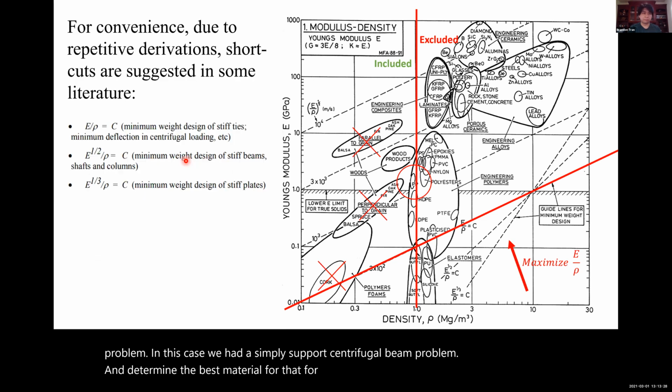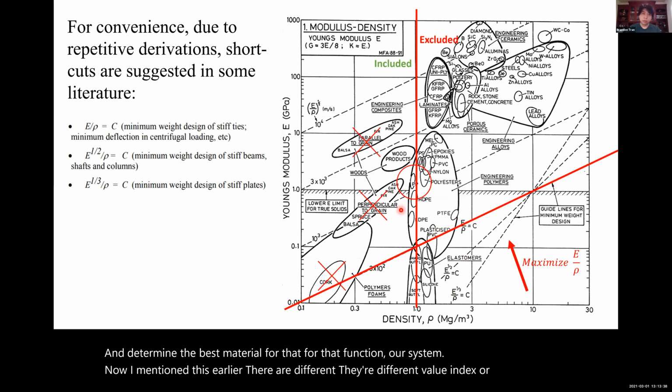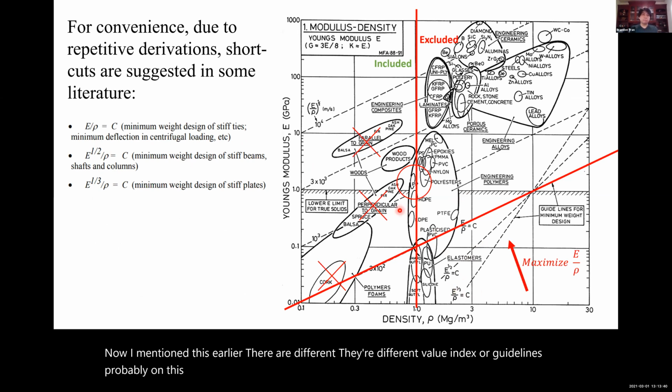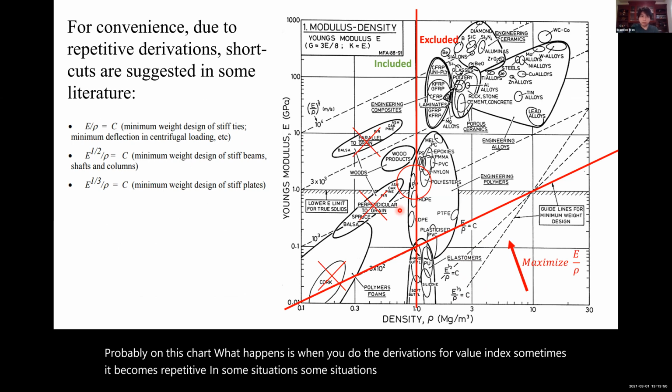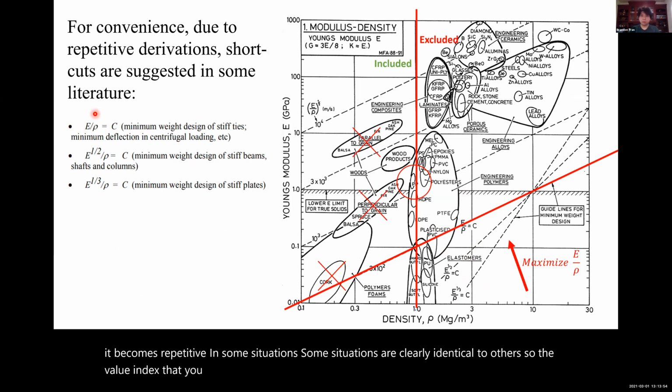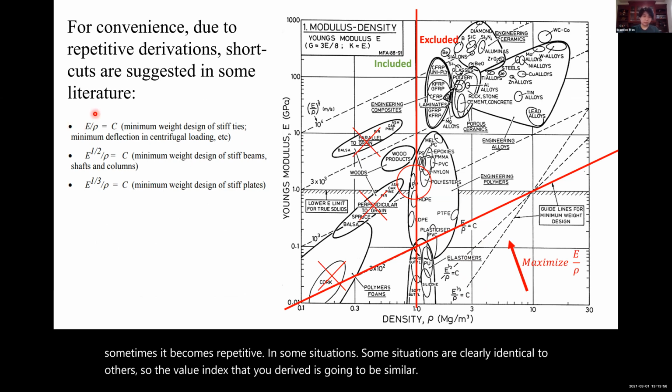Now, I mentioned this earlier. There are different value indexes or guidelines prevalent on this chart. What happens is when you do the derivations for value index, sometimes it becomes repetitive, as in some situations are clearly identical to others. So the value index that you derive is going to be similar as long as it's not unique.